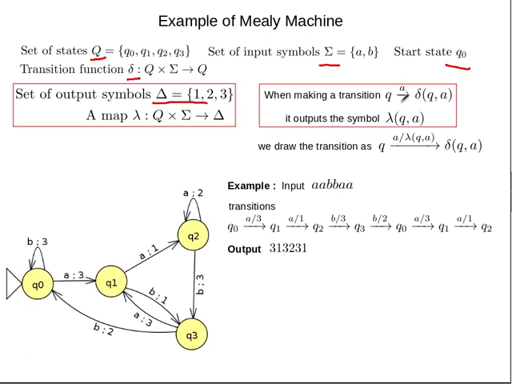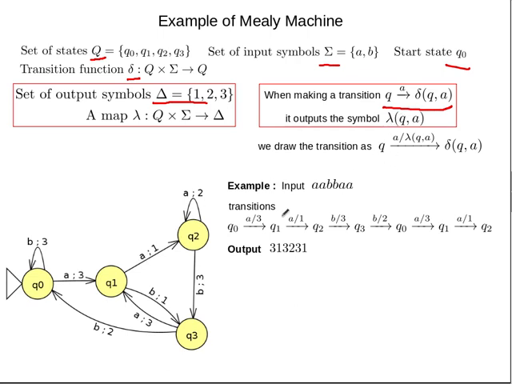This is explicitly written here. Delta tells you that if you are in Q on input symbol A, you make this transition, and lambda tells you that while making this transition, you output this symbol, lambda of Q, A. So both delta and lambda have the same domain, but one gives you a state and the other gives you an output symbol.